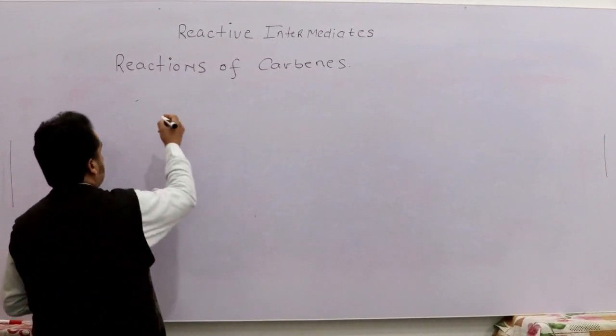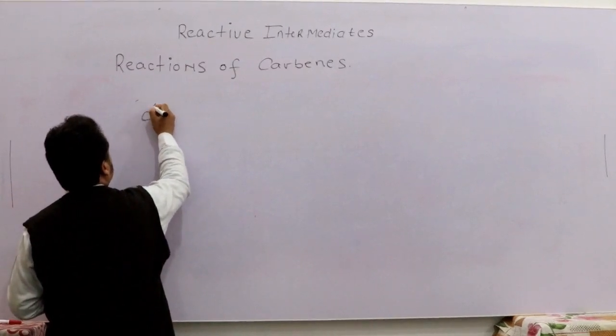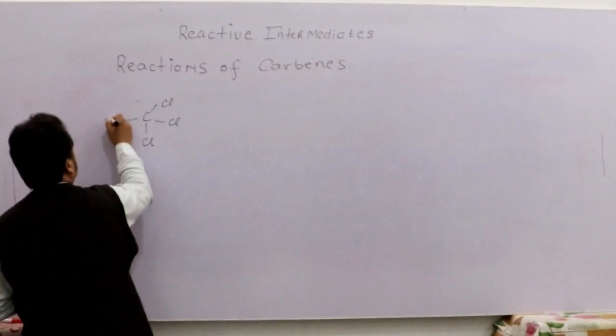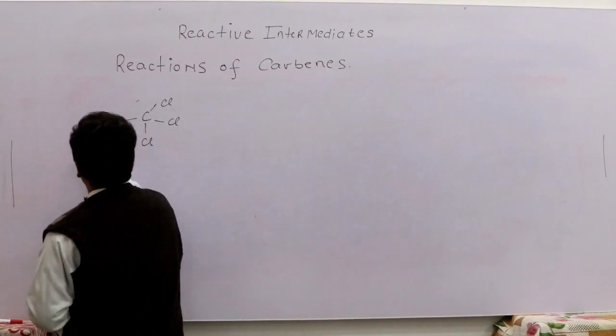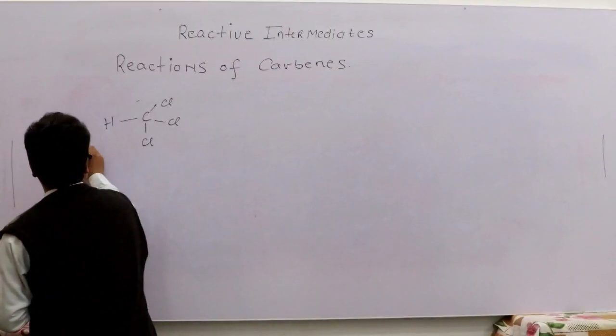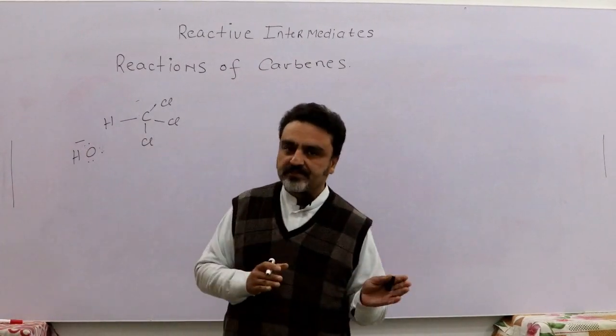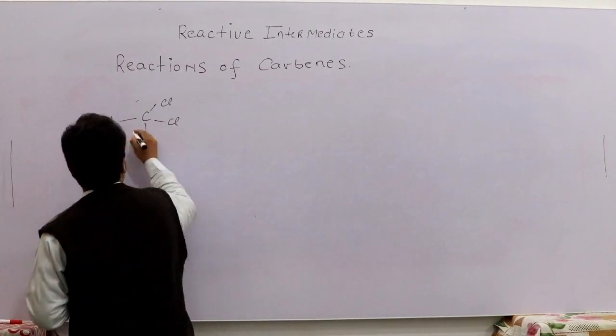First of all, as you know how they are produced, this is chloroform and simple alpha elimination will produce the carbene. There is a purpose that I am repeating this mechanism and you will know it.